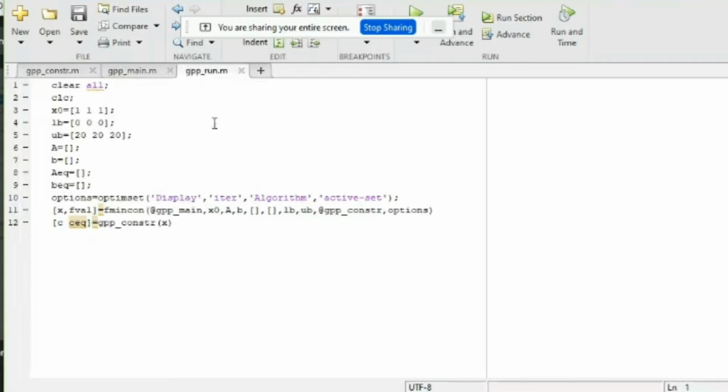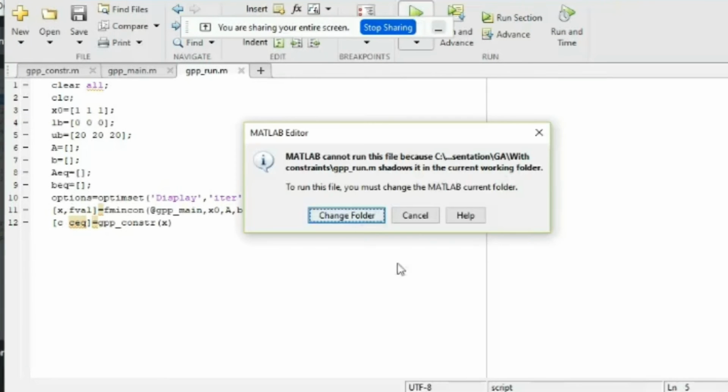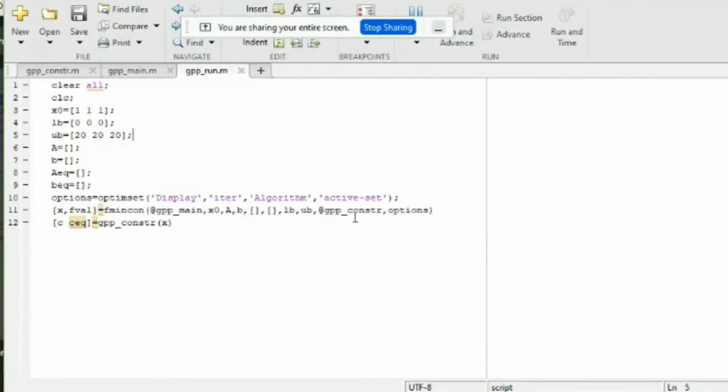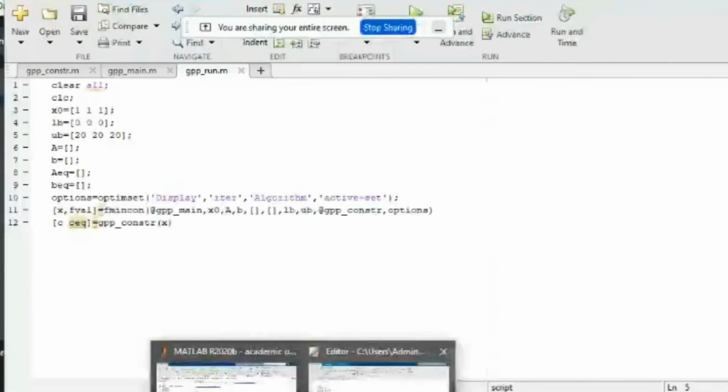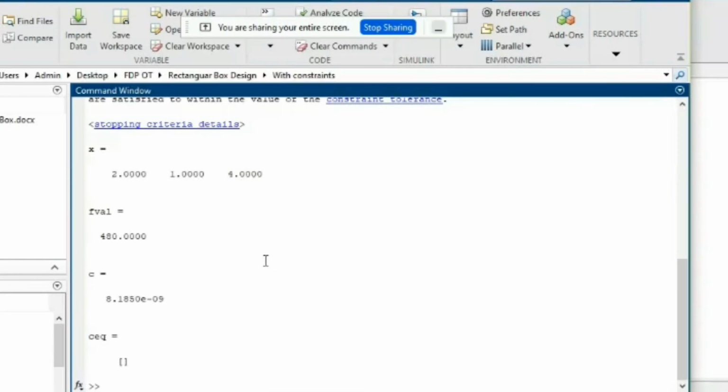Then another file is the run file. So we have to declare all necessary input arguments before writing the syntax, output arguments and input arguments. There is initial guess, lower bound, upper bound, then matrix A, vector B, matrix AEQ, vector BEQ, then options, all these things. Now if we run it, we can find the solution in the command window, right?